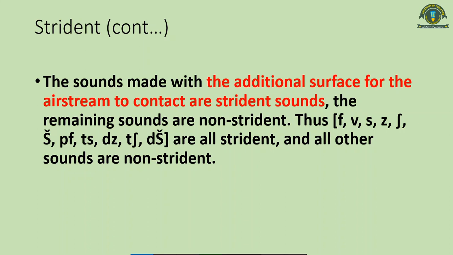So wherever you get additional surface, those sounds will be called strident sounds. The remaining sounds will be non-strident. So f, v, s, z, sh in English are stridents, and all others are non-stridents.